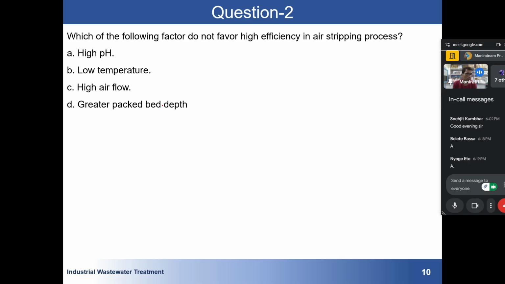This is question number 2. Please answer it. This type of question will be in your weekly assignment, I think you may have received it.